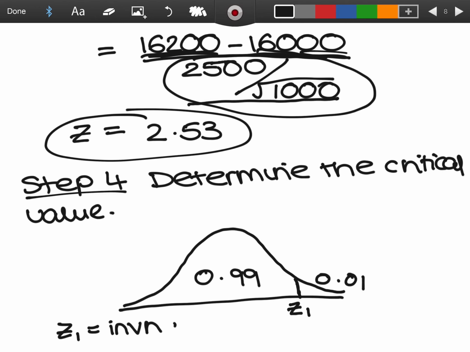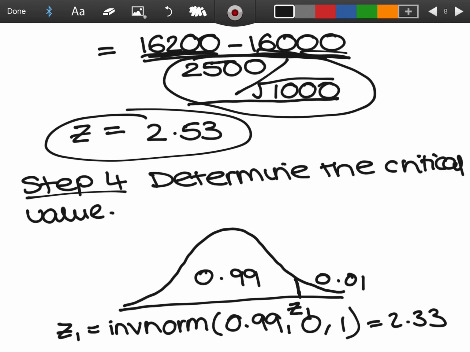Z1 is the inverse norm of the area to the left, mean of 0, standard deviation of 1. If you do that, your critical value ends up being 2.33.